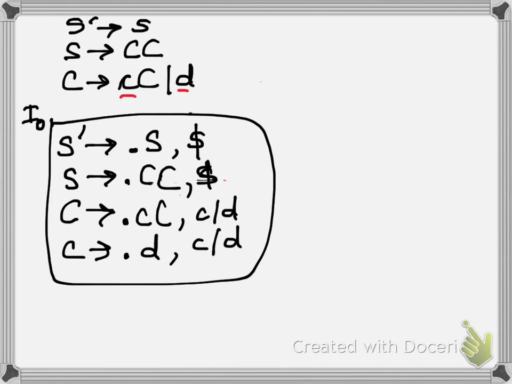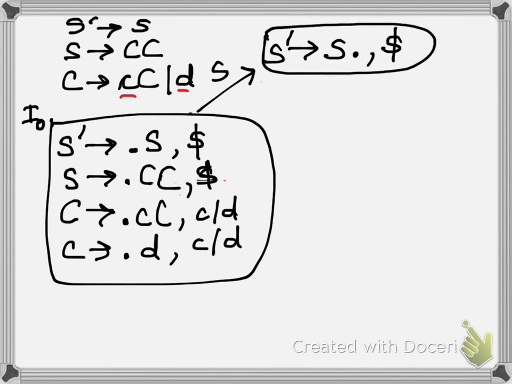Okay, so now from this set, on S, I go to S dash derives S dot. S is seen, so the dot comes here. And for the first move, always the look ahead remains the same. It will remain at dollar. And this is the final item. So we don't have to compute the closure of final items.